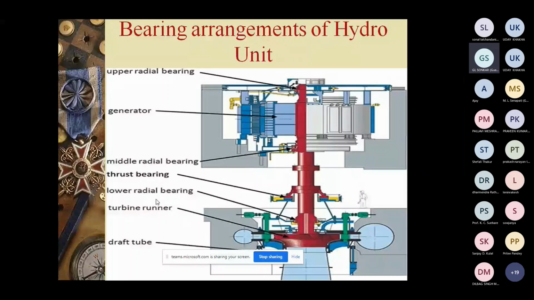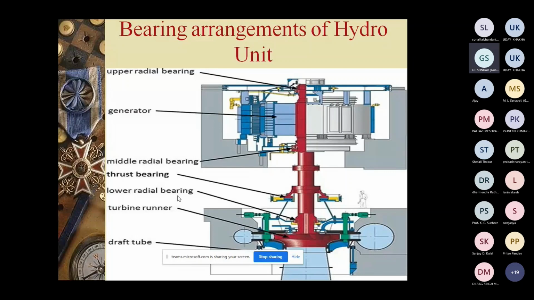So in the suspended type machine, you can see the thrust bearing is above the generator. This is called a suspended type machine. That means you hold the whole unit from the top. And there are two generator bearings, upper generator guide bearing and lower generator guide bearing, then the turbine guide bearing.